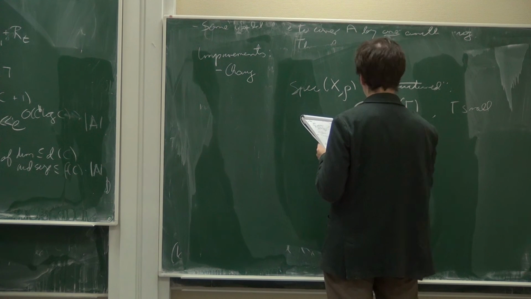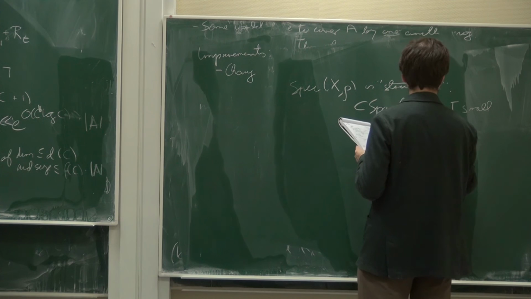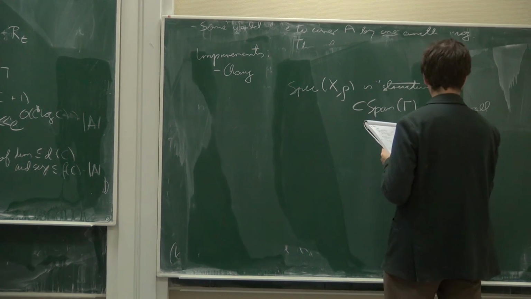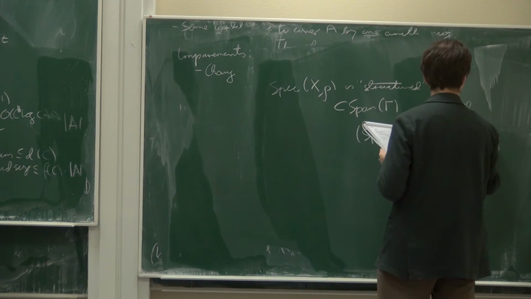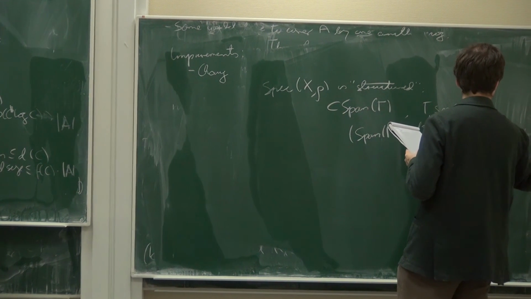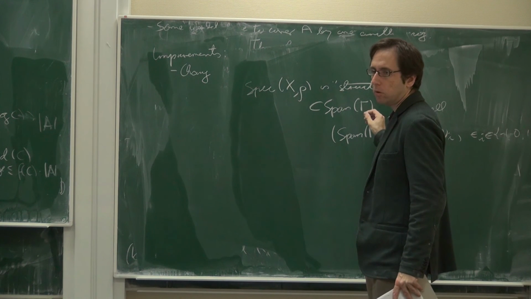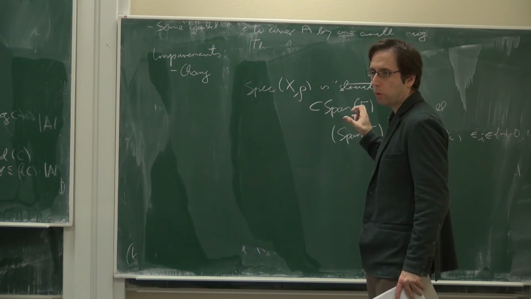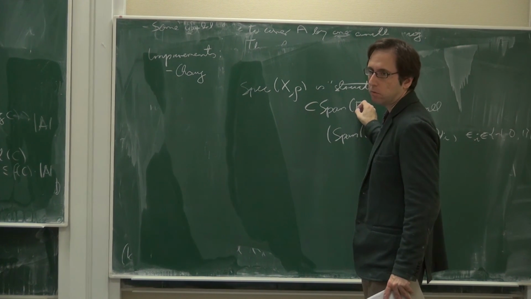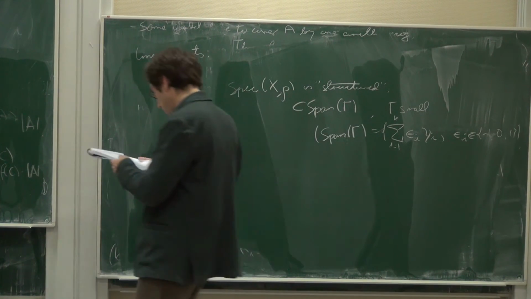What do I mean by the span of something? Span of Gamma is the set of all linear combinations with coefficients between -1 and 1. So this helps a lot because this means that your Bohr set contains a Bohr set defined in terms of Gamma instead of S. Gamma will be much smaller than S, and that really helps things.